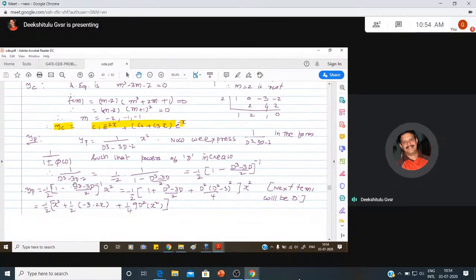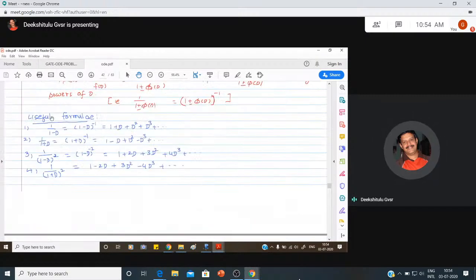How do you write this? If we take minus 2 common, this becomes minus 1 by 2, 1 minus (d cube minus 3d) by 2. So now this is exactly in the form 1 by 1 plus or minus phi of d.